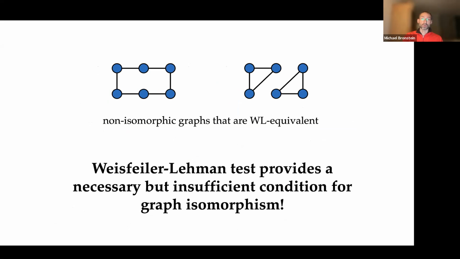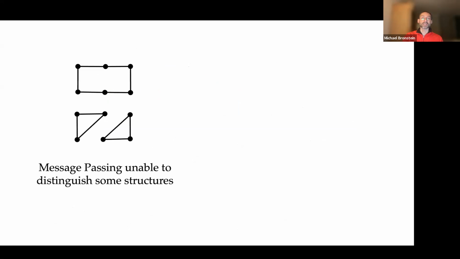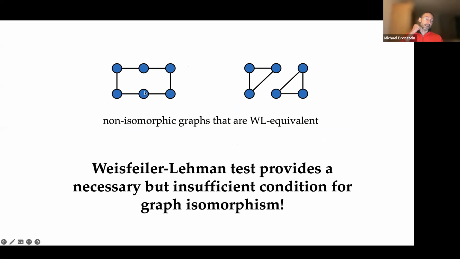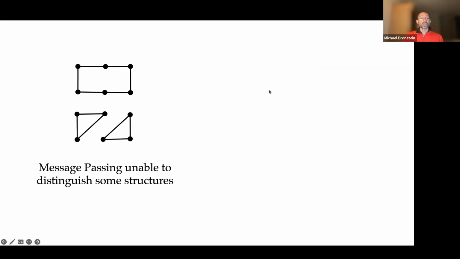One example is shown here, and you can actually see why it happens, because this test constructs rooted trees around every node, and it happens that in this graph they look the same. So one simple trick to make message passing graph neural networks that are actually formally equivalent to the Weisfeiler-Lehman graph isomorphism testing is to add some information to the nodes of the graph.